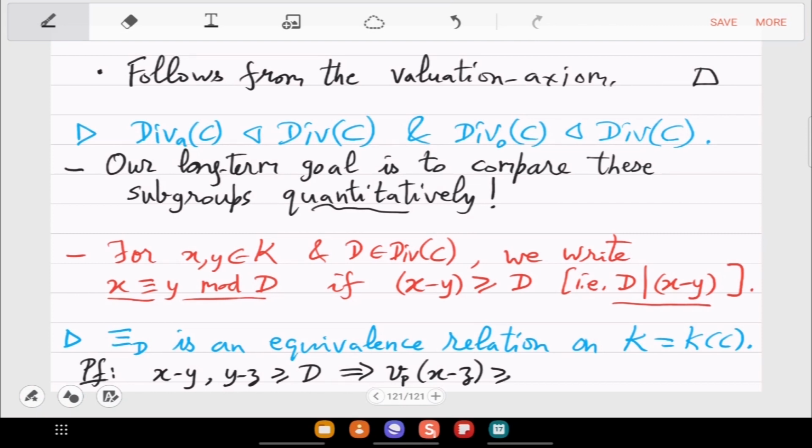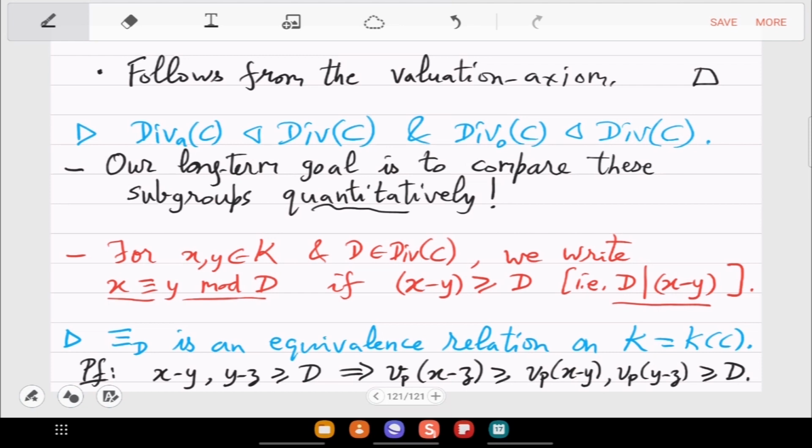So x minus y plus y minus z is greater than or equal to both x minus y and y minus z, so ultimately it is greater than or equal to d. Is that fine? The axiom was what?